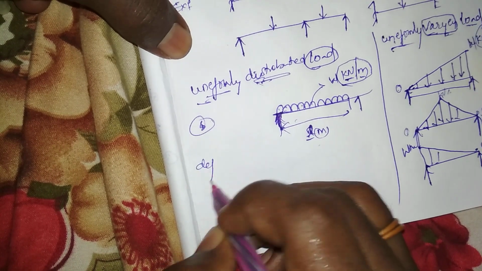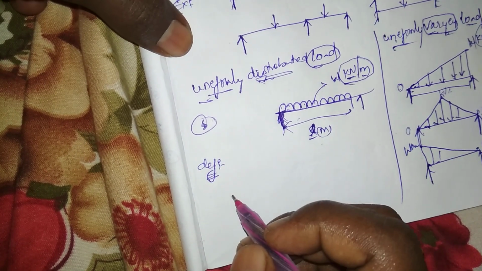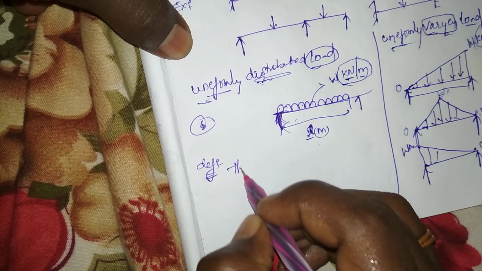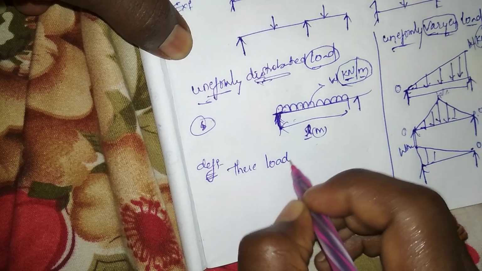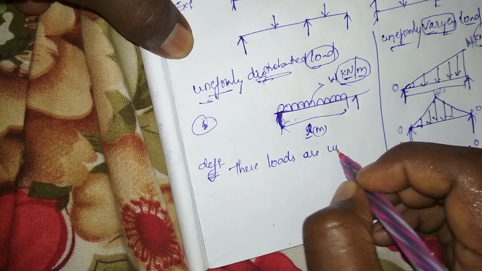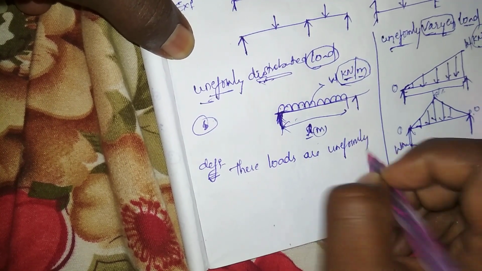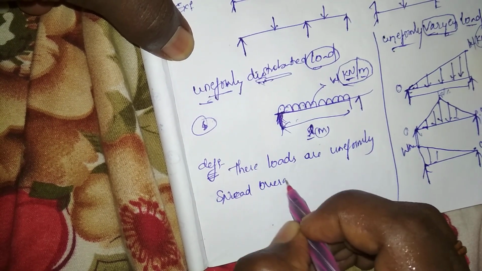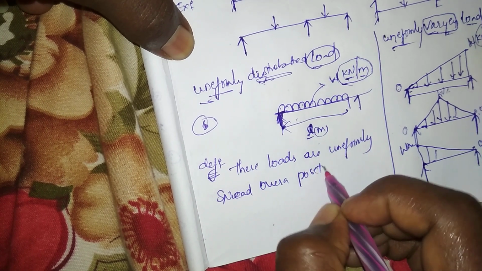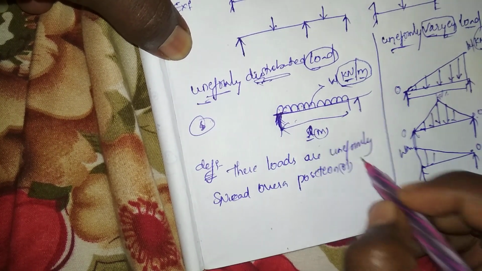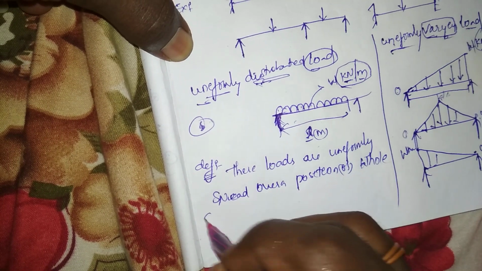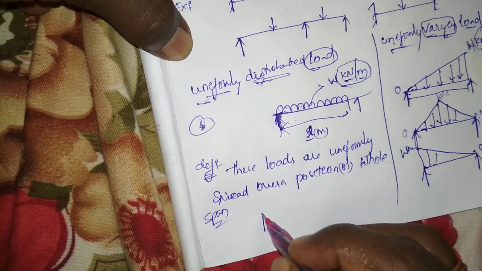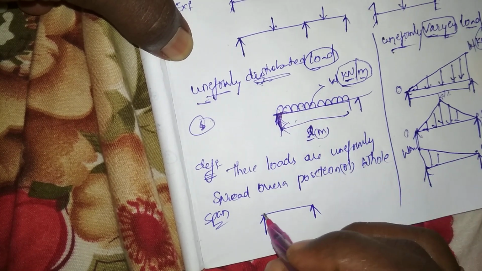Next, definitions. These loads are uniformly spread over a portion or the whole span. Let us discuss one more example.